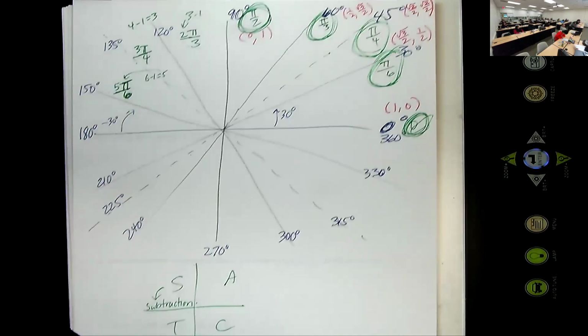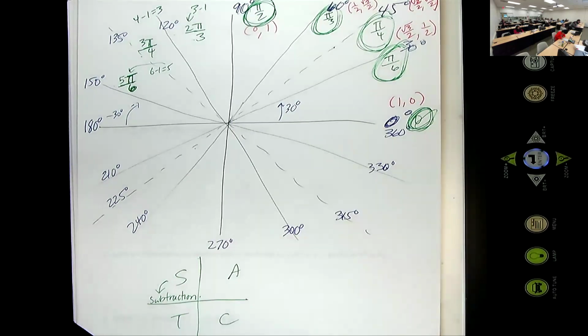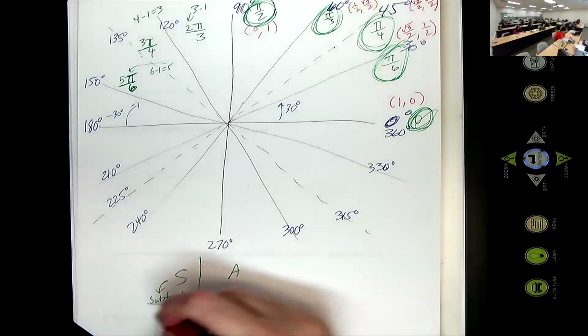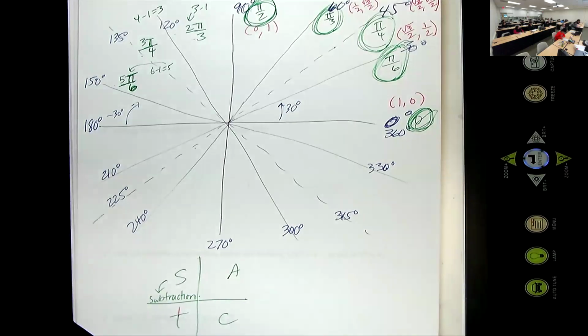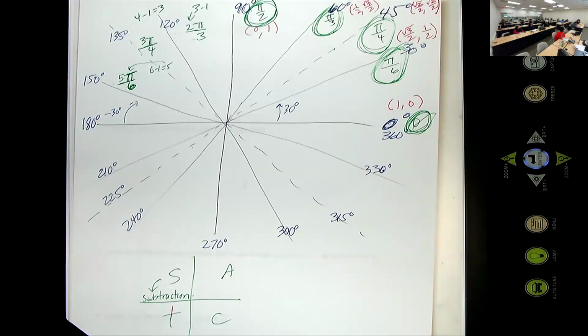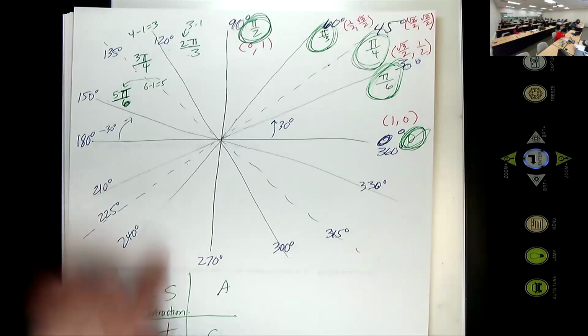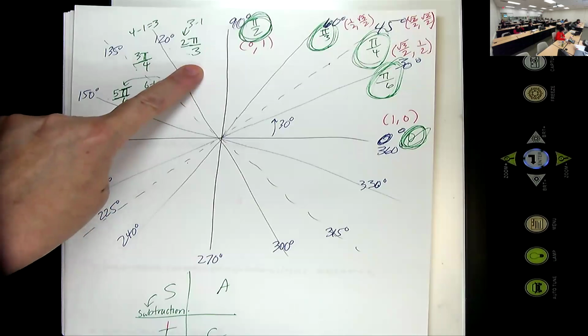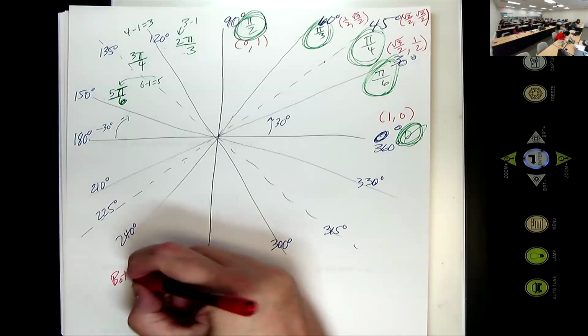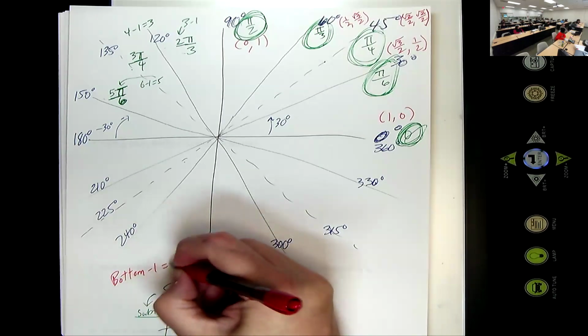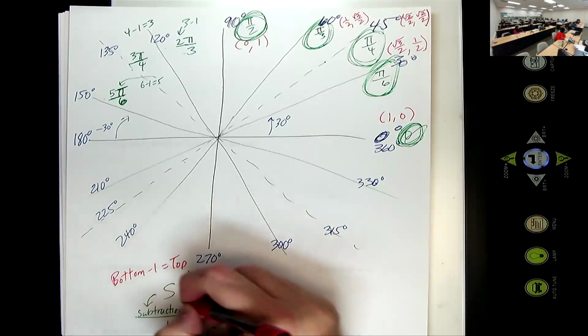To get the third quadrant, treat the T, extend it a little bit, make it look like a lowercase t. You take the denominator and subtract 1. Bottom minus 1 equals top for the S quadrant.